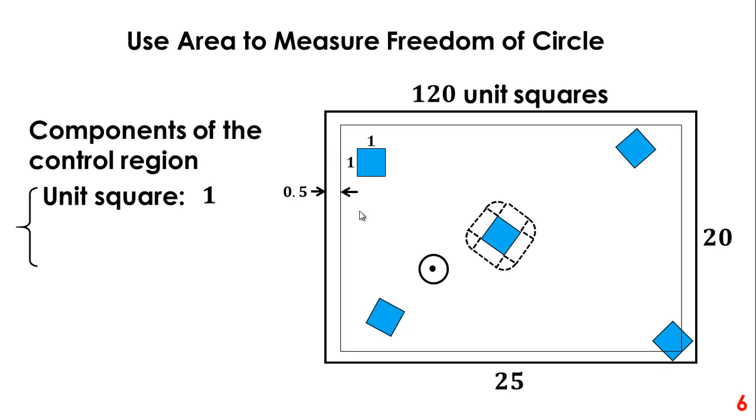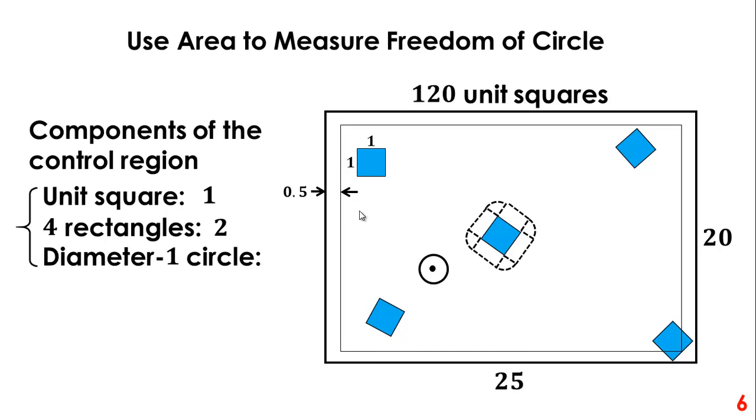That's 1 unit square. Then 4 rectangles, each 1/2, because if we combine 2 rectangles, we get 1 unit square. It's very easy to see that.